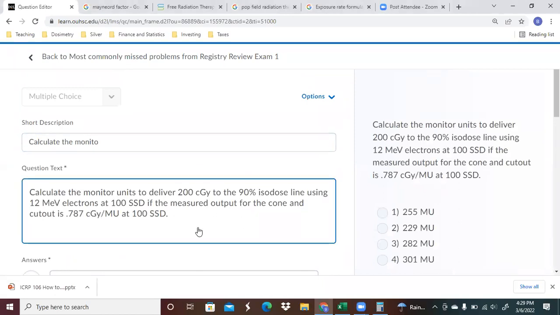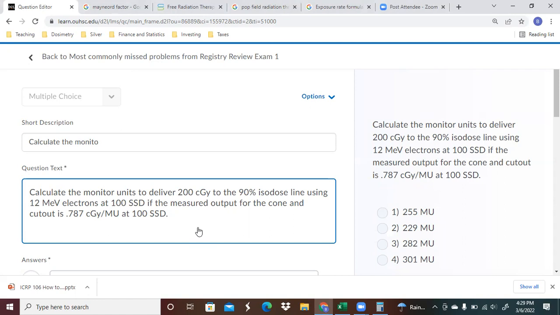We're going to calculate the monitor units to deliver 200 centigrade to the 90% isodose line using 12 MeV electrons at 100 SSD, if the measured output for the cone and cutout is 0.787.